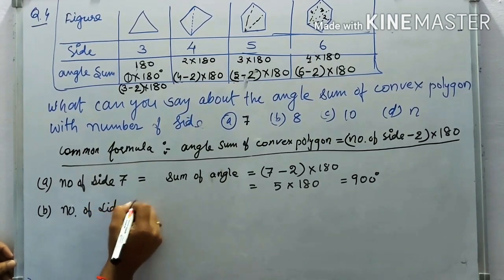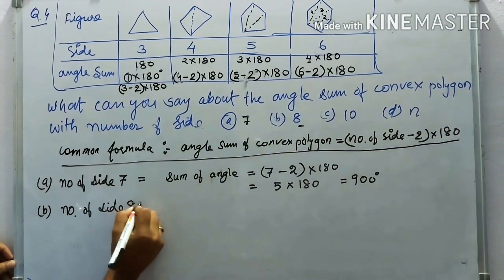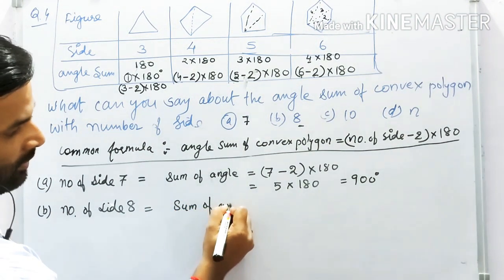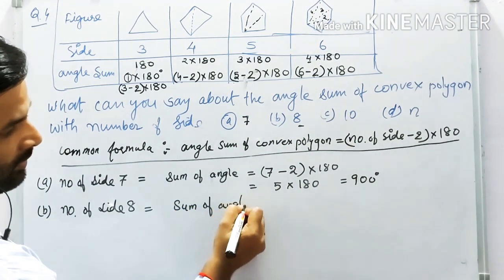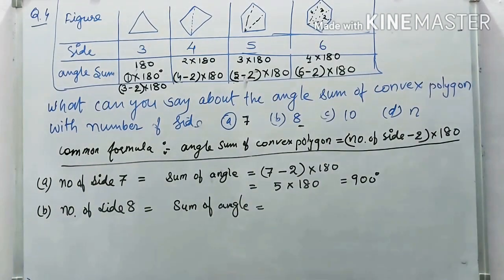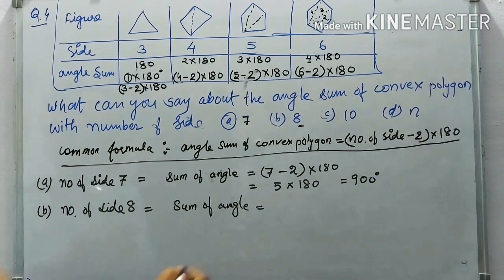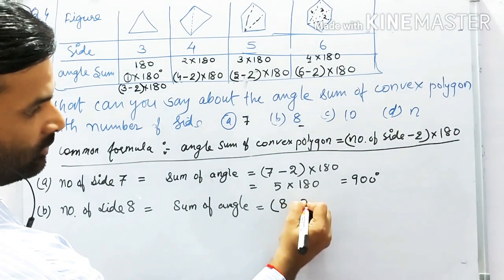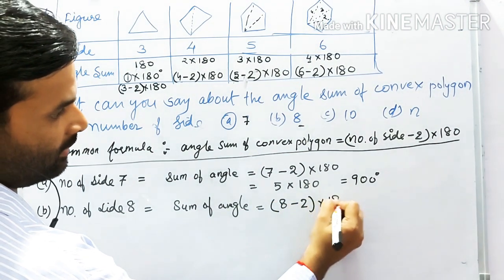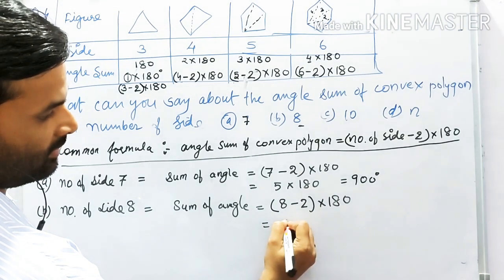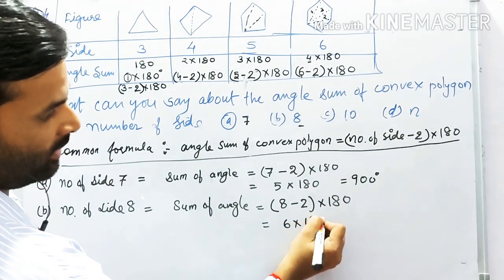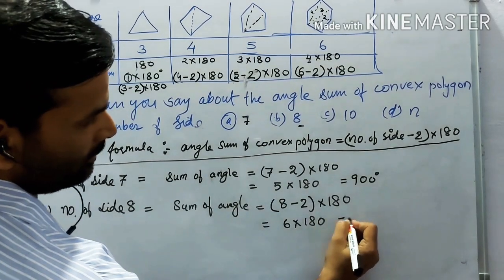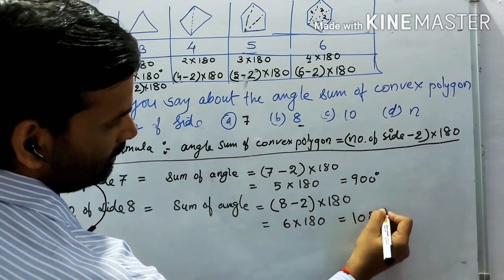Okay, then B: the number of sides is 8. So the sum of angles is (8 minus 2) into 180, which is 6 into 180. 8 minus 2 is equal to 6. It is equal to 1080. Now C: the number of sides is 10.